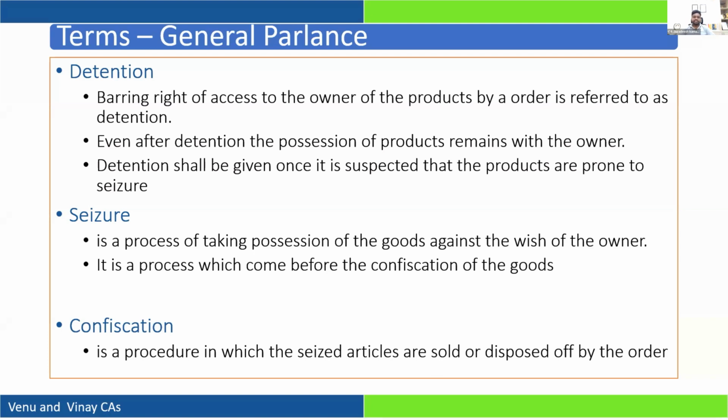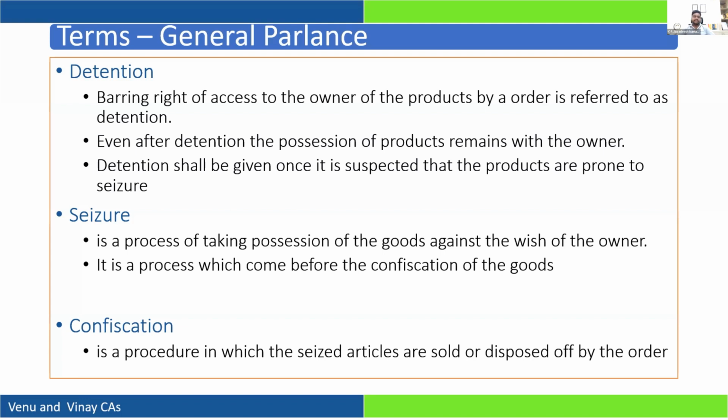Even after detention, possession of the products remains with the owner only. And detention shall be given once it is suspected that the products are prone to seizure. Okay. So in detention, possession will be with us.